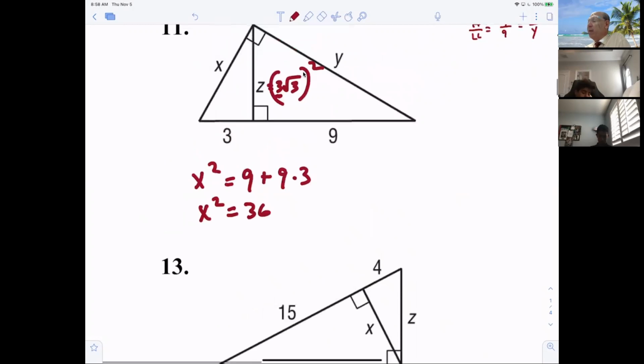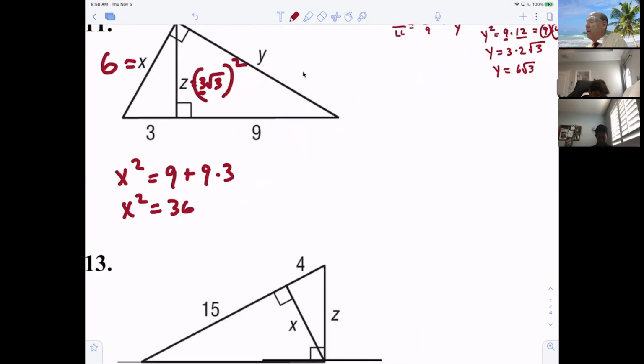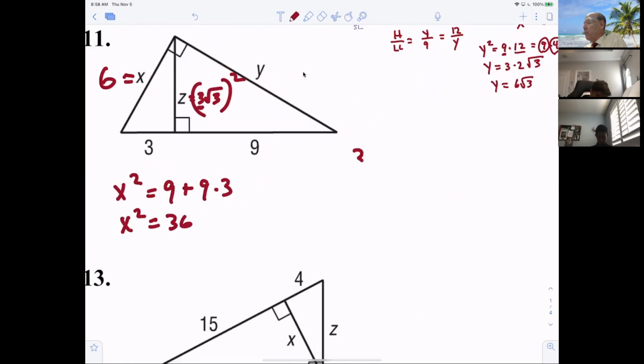So then isn't that what we said this was, 6? And now over here again, 3 square root 3, well, let's do this now. So this would be 3 radical 3 squared plus 9 squared equals y squared. Is everybody okay with that?